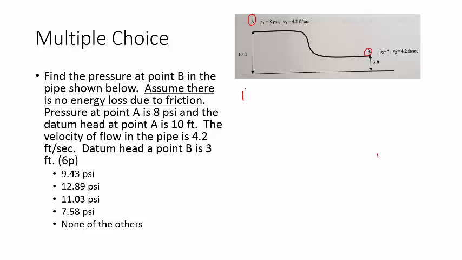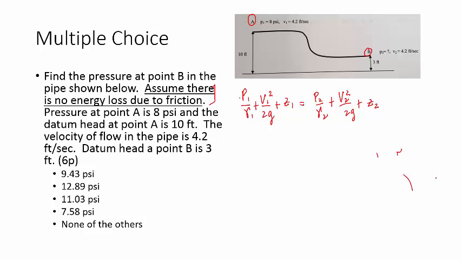Remember always to write the Bernoulli equation, and then if it has losses you include losses, but here it says no energy losses. So we have Bernoulli, plus Z2.